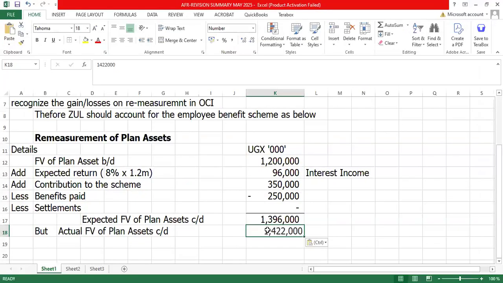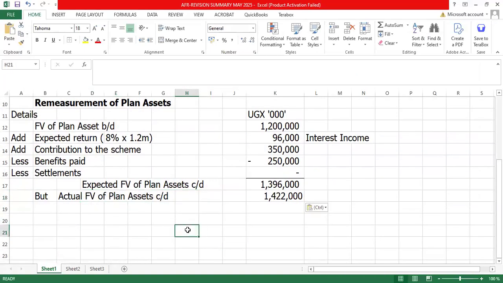This is 1.4. So compare this expected value with actual to see whether you have a gain or a loss. Remember, this is an asset. So the question is, do you have a gain on remeasurement or a loss on remeasurement? This is what you expect as your assets, but this is actual.